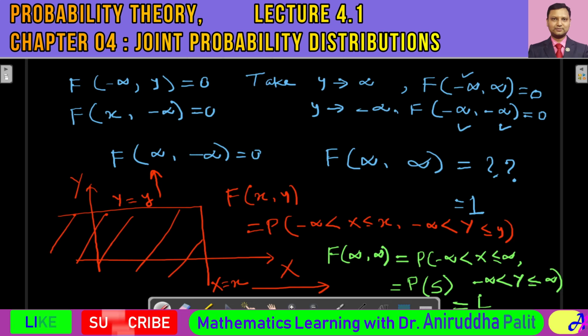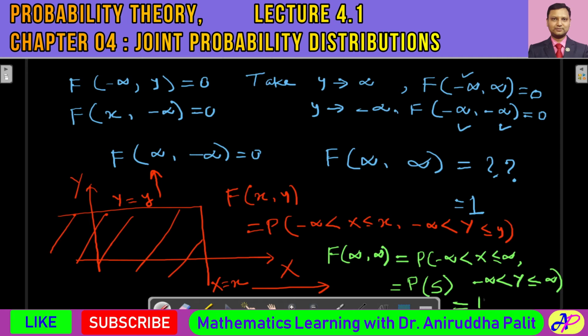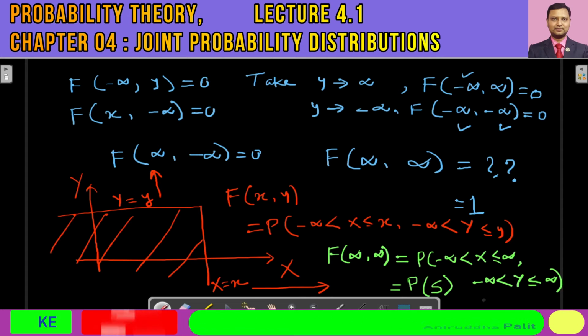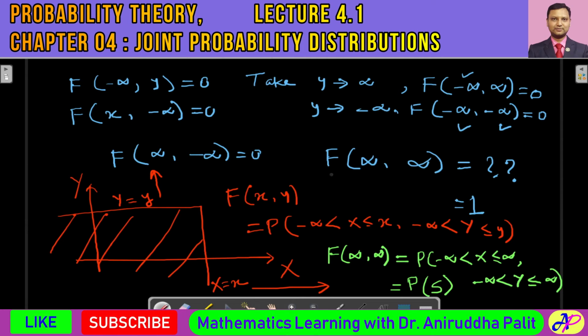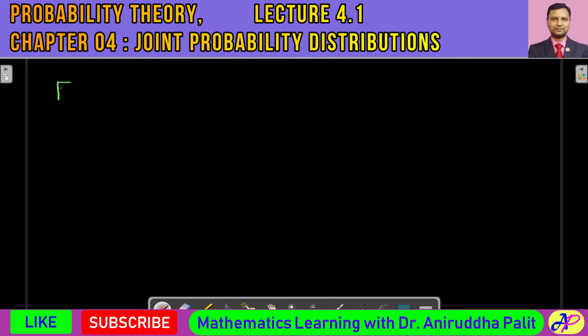Got it? So in this fashion, we can say that F of infinity comma infinity is equal to 1.